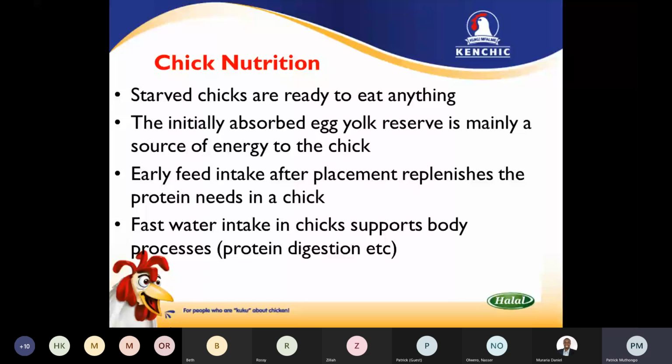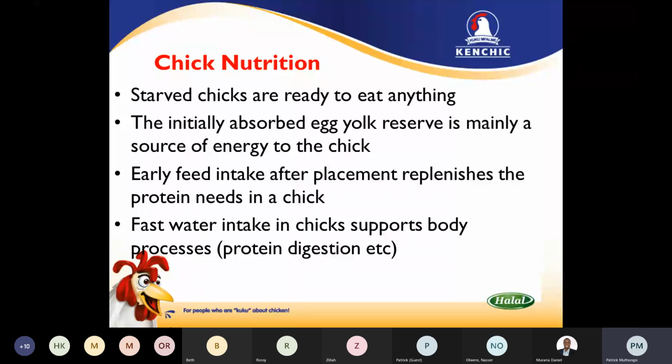Early feed intake usually replenishes protein needs of a bird. We all know the building blocks of life: the proteins, the carbohydrates, the lipids. The functions of proteins are to repair as well as to build up the body tissues.